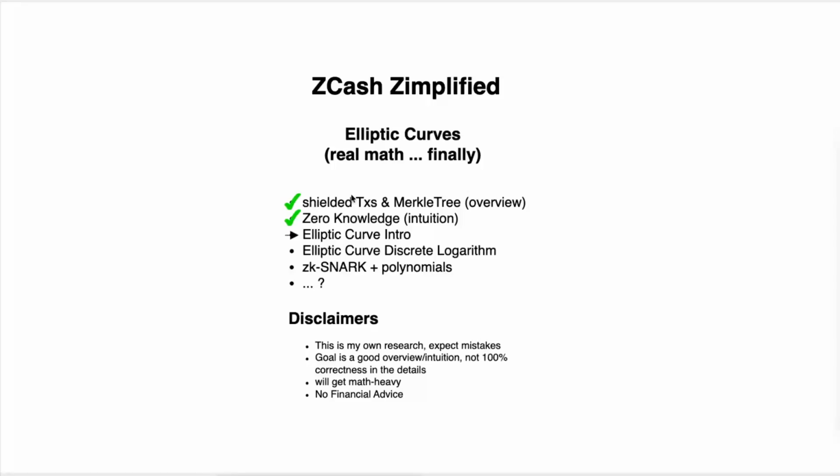Agenda: the previous times, we talked about the shielded transaction and what zero knowledge is, and today we go into the intro of elliptic curves. Today I won't cover the discrete logarithm part of the elliptic curve, which makes it so hard, so really impossible to invert. That will be next time, because I thought maybe it's enough to have the intro.